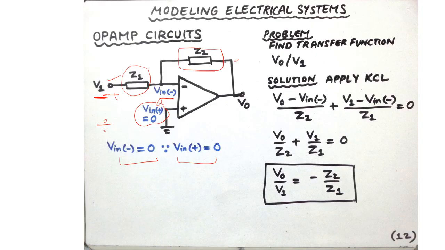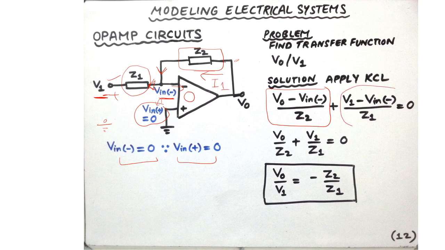The analysis of the op-amp circuit is particularly easy. In this case, we can apply the KCL. The current entering the negative terminal is the current that has to leave from the negative terminal, essentially because there's no current that is allowed to enter the op-amp. So applying Kirchhoff's current law, we get V0 minus Vin minus divided by Z2, which is the current passing through this branch. Call this I1.